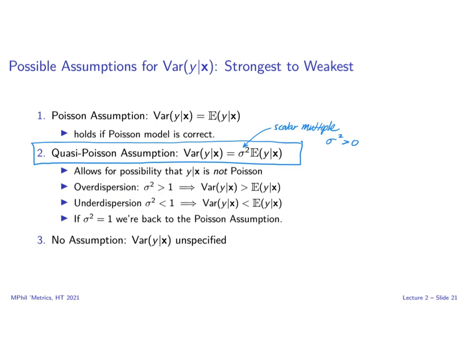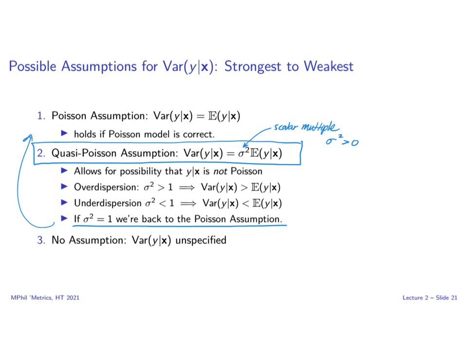When sigma squared is less than 1, a situation that we call under-dispersion, the conditional variance of y given x is less than the conditional mean of y given x. And if we're in the unusual situation that sigma squared is exactly equal to 1, then we're just back to the Poisson assumption. So we see that this quasi-Poisson assumption is strictly weaker than the Poisson assumption.